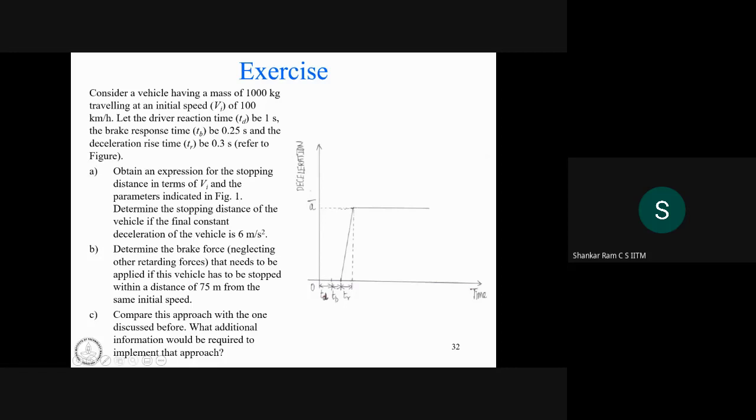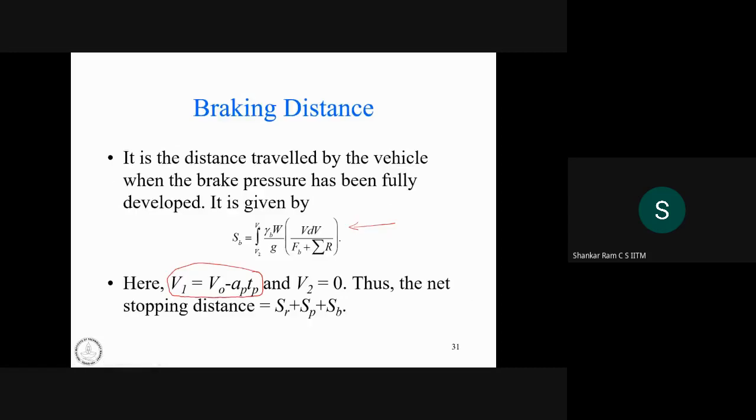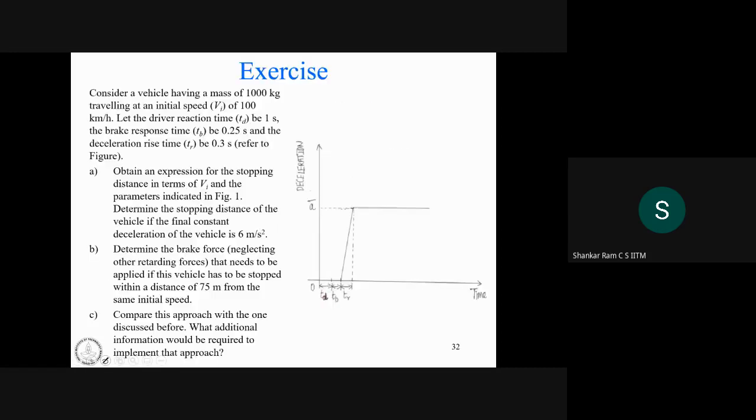I am asking you to consider a vehicle of mass 1000 kilograms, traveling at an initial speed of 100 kilometers per hour. We are given that the driver reaction time is 1 second.